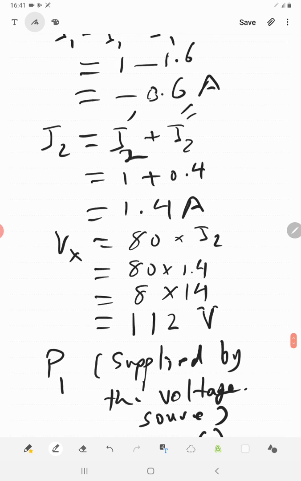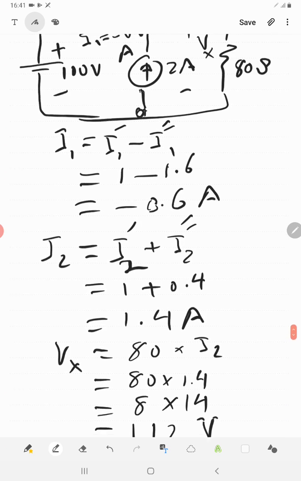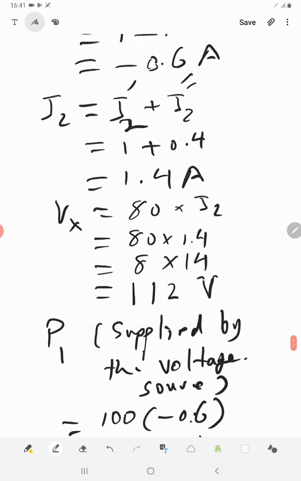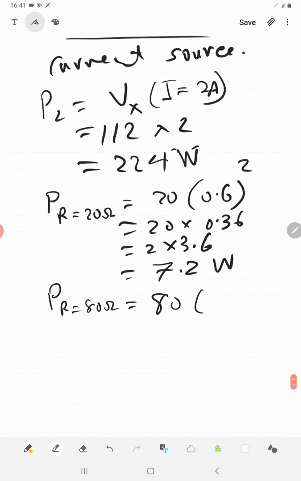let's go back to it, which is I2, 1.4 squared. So this is 80 times 1.4 times 1.4.